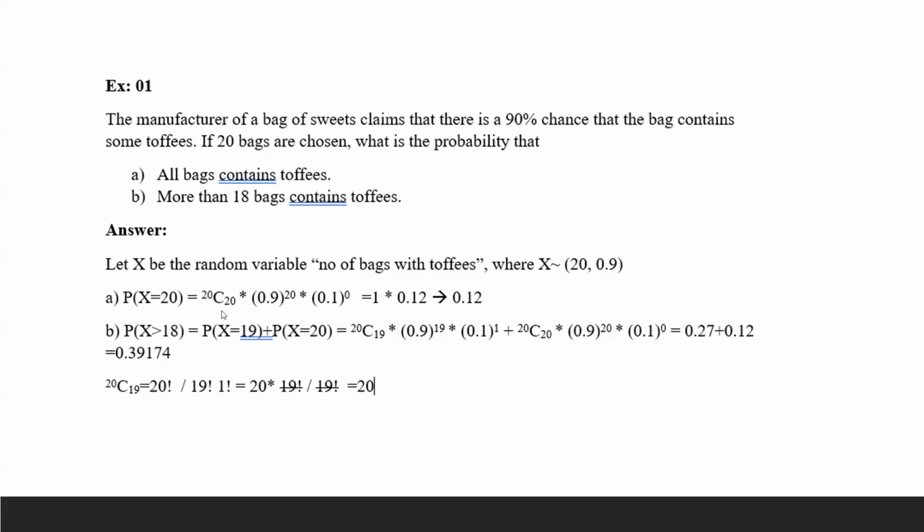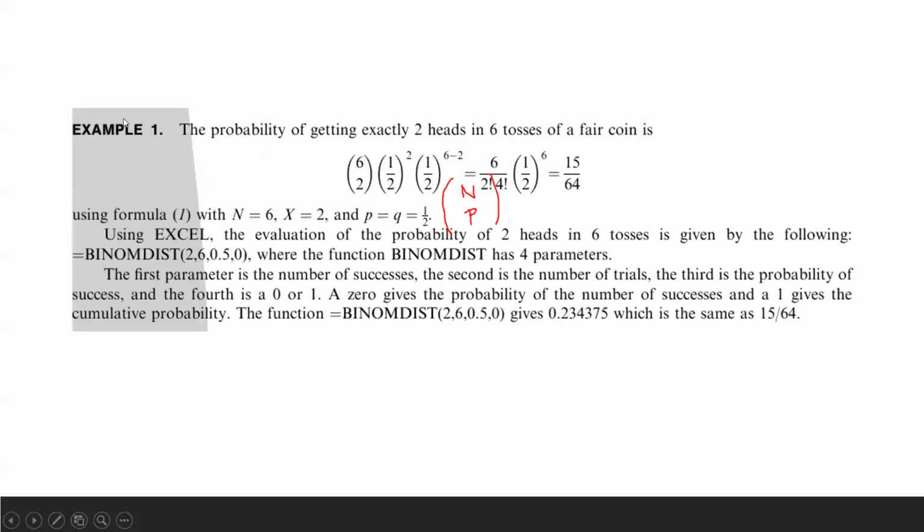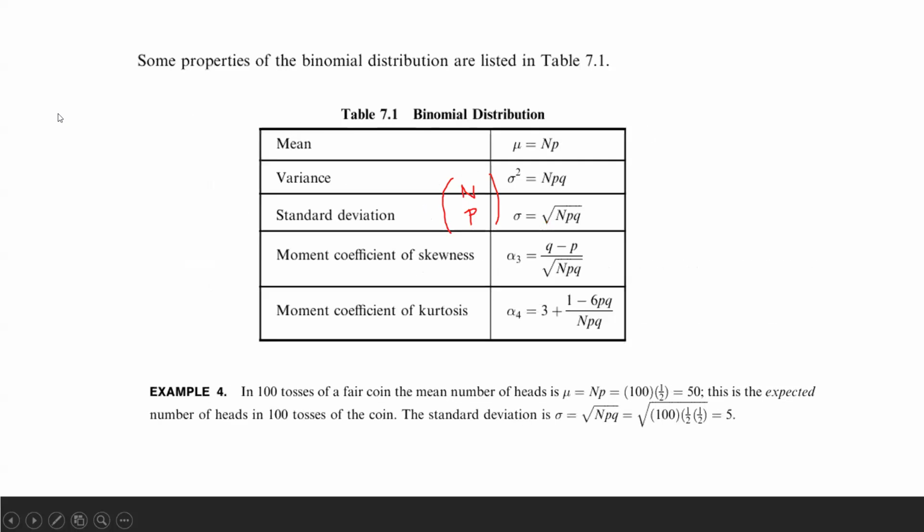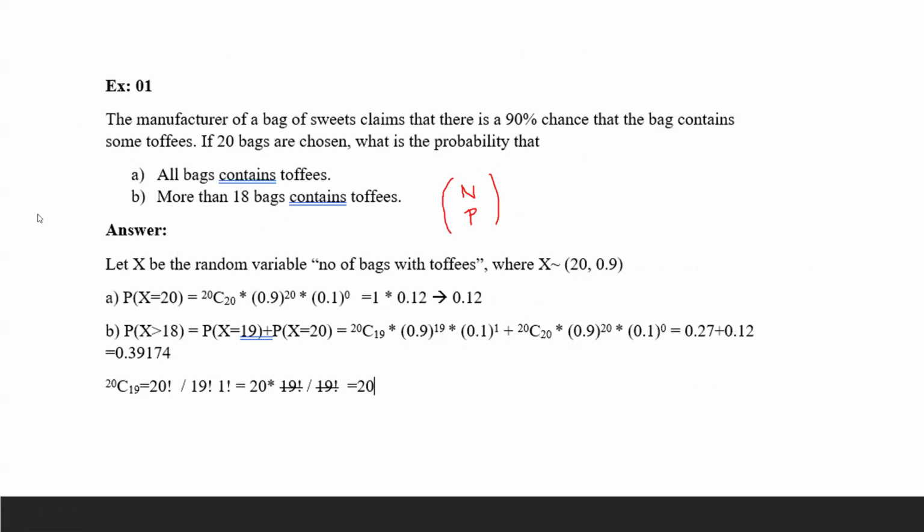Okay, then what is the parameter? What is the formula? You can use this one also. N, then what is the variable we already use here? P. Here X. X means that variable.